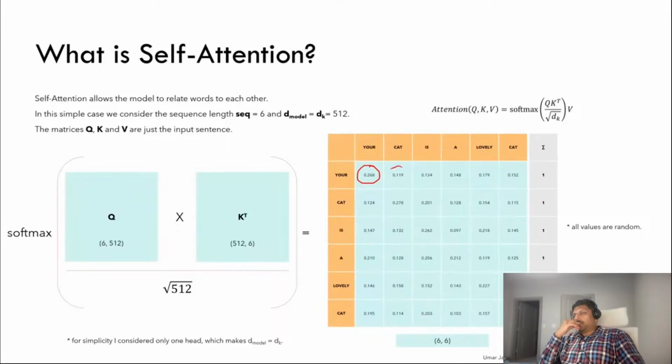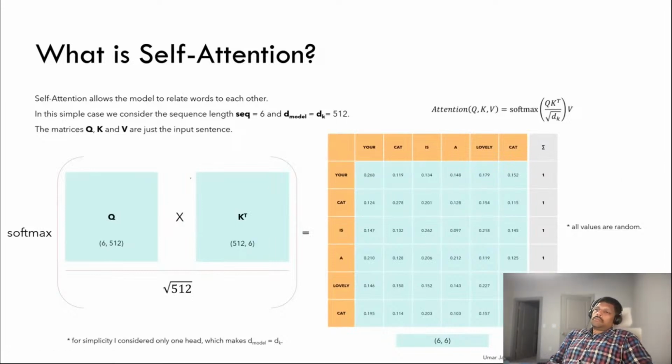This represents the dot product of the first row with the second column, etc. The values here are actually randomly generated, so don't concentrate on the values. What you should notice is that the softmax makes all these values in such a way that they sum up to 1. So this row, for example, sums up to 1. This other row also sums up to 1, etc.